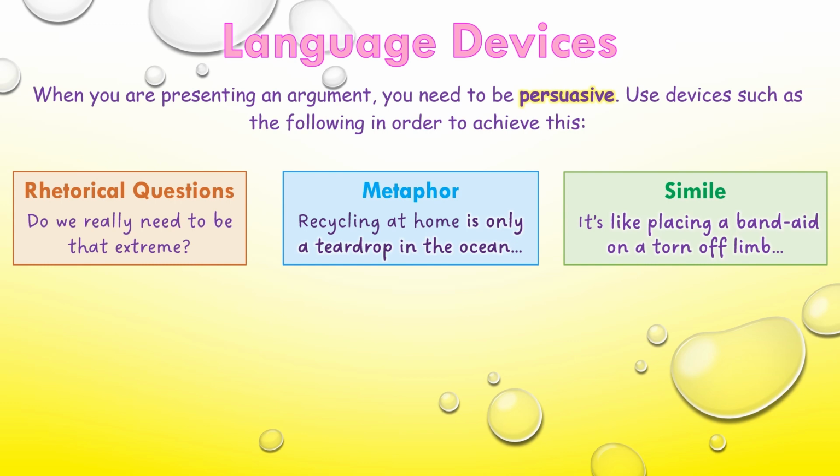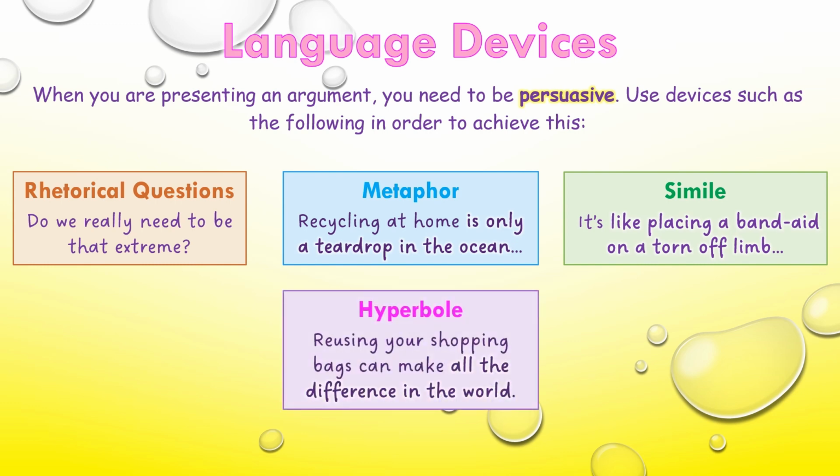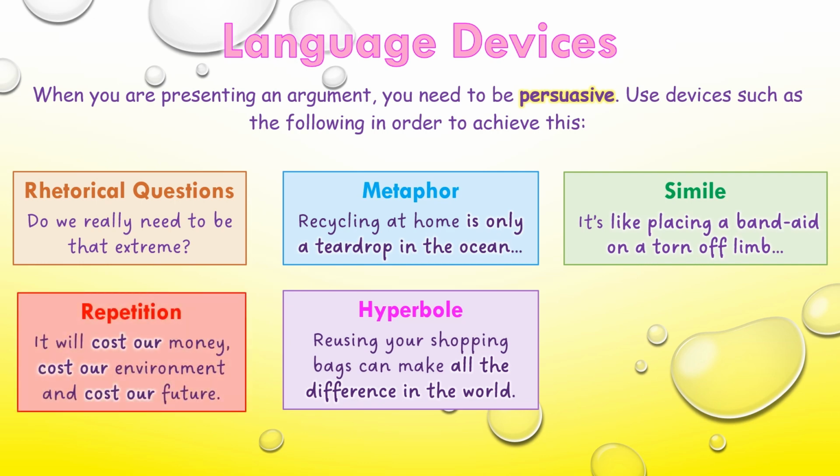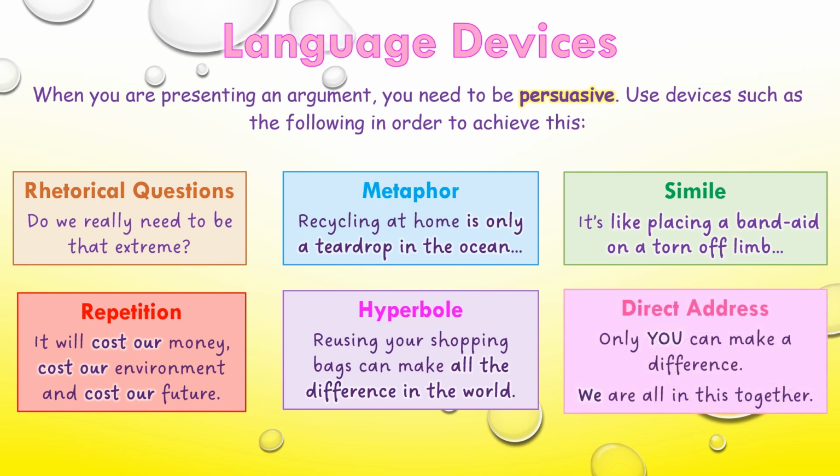Recycling at home is only a teardrop in the ocean. Hyperbole. Reusing your shopping bags can make all the difference in the world. Repetition. It will cost our money, cost our environment, and cost our future. And direct address. Only you can make a difference. We are all in this together.